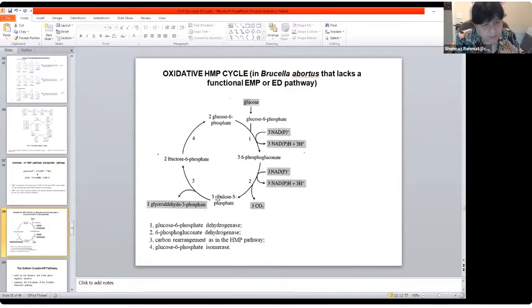So this definitely is an important part of this oxidative HMP cycle that has to operate if there is a non-functional EMP and the cell does not have an ED pathway.